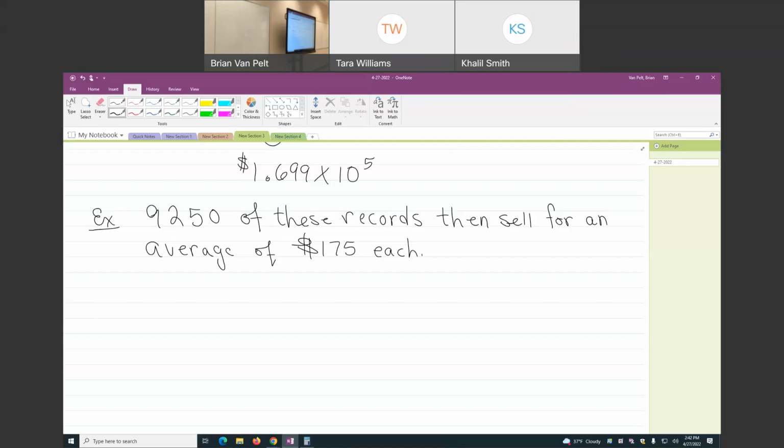So-called flippers. Everything has a flipper. Houses, records, cars.